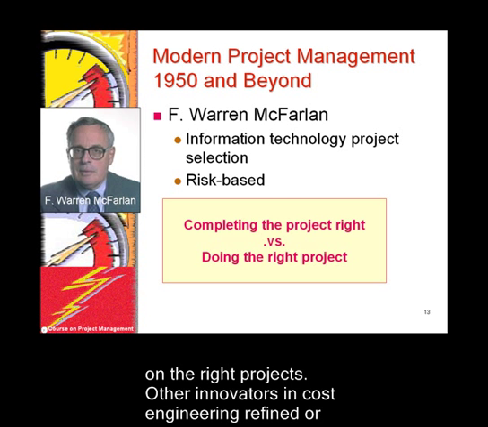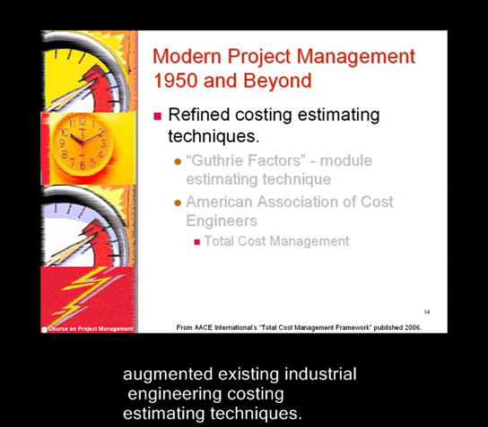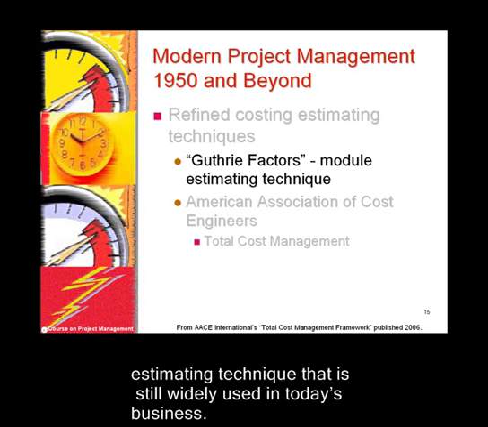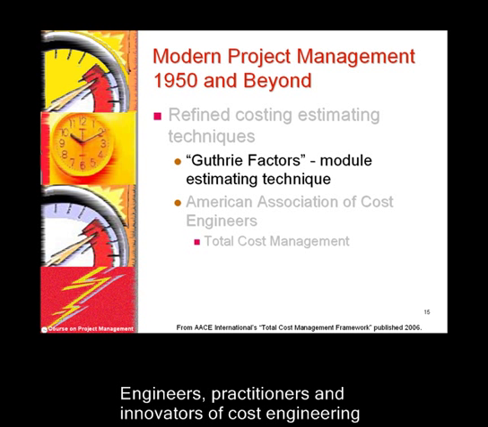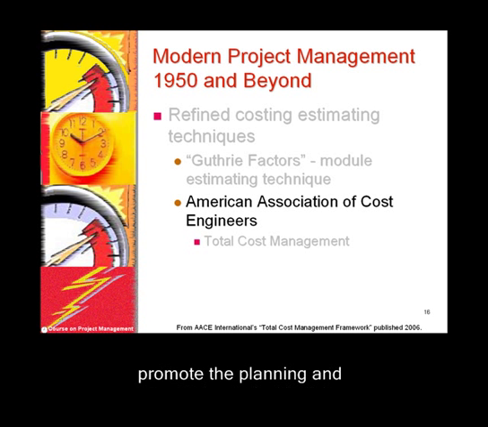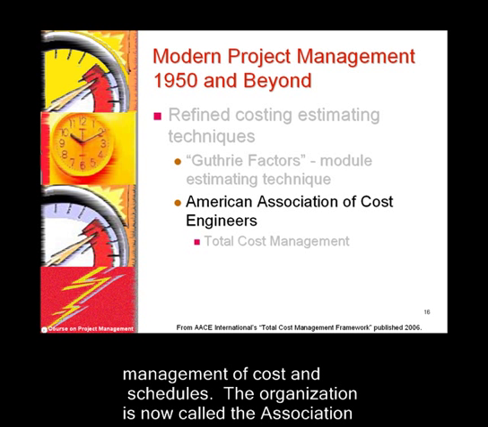Other innovators in cost engineering refined methods of estimating cost of activities. Kenneth Guthrie developed the Guthrie Factors, a module estimating technique that is still widely used in today's business. Engineers, practitioners, and innovators of cost engineering formed the American Association of Cost Engineers in 1956 to promote the planning and management of costs and schedules.